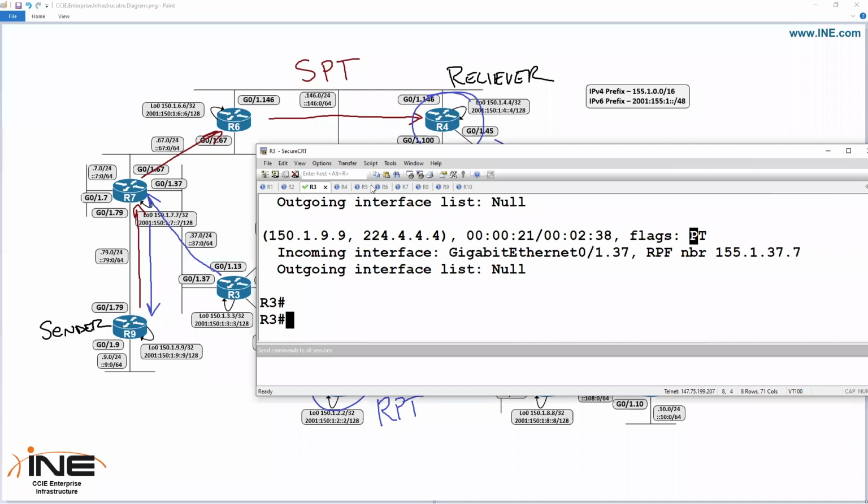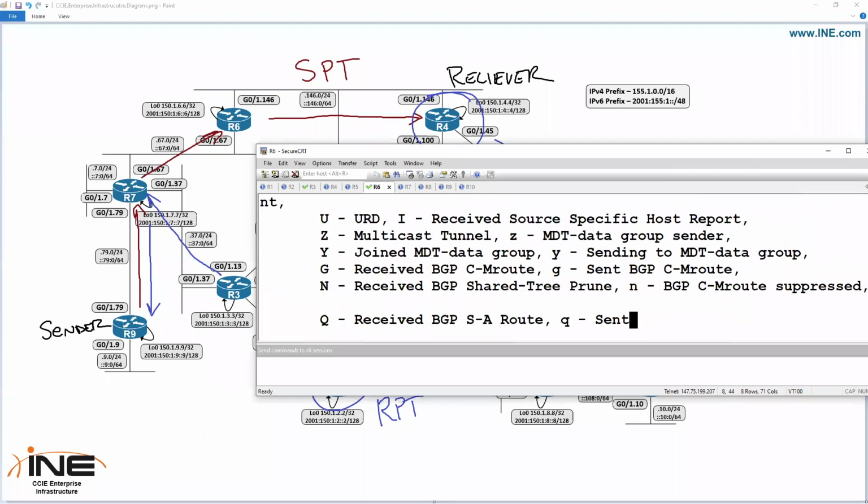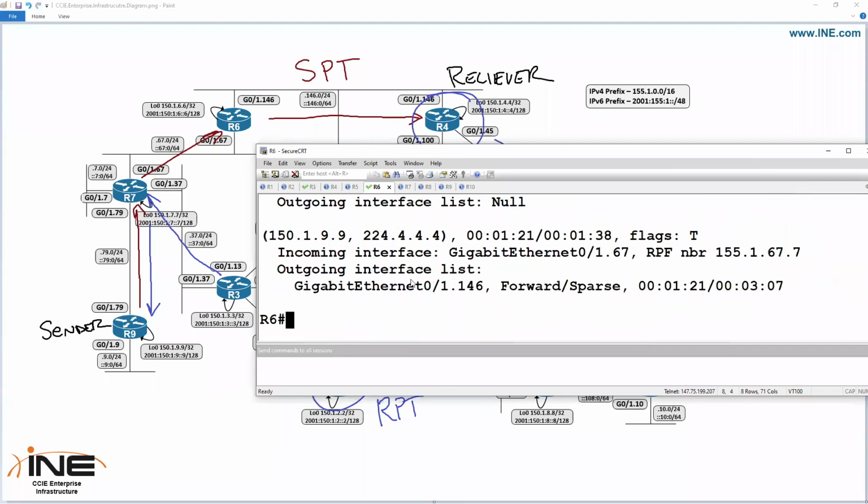Okay, so if we look at router 6, it should be the one actually forwarding the packets, where the incoming interface is gig 0/1.67, so the red line coming in from router 7, and the outgoing interface is gig 0/1.146 going over to router 4.